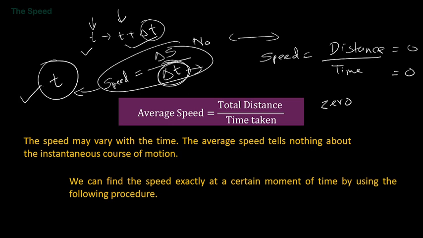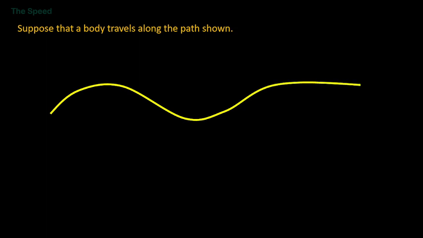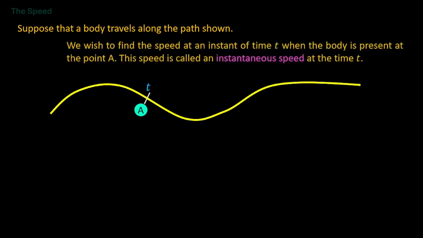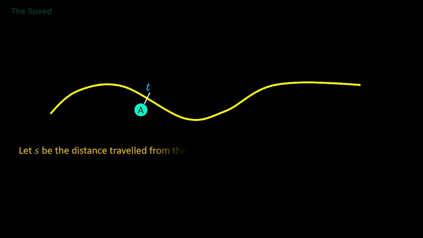So let us outline this procedure. Suppose that a body travels along the path shown. We wish to find the speed at an instant of time t when the body is present at the point A. This speed is called an instantaneous speed at the time t. Let s be the distance traveled from the origin O in time t. Now time t and instant t are different things.